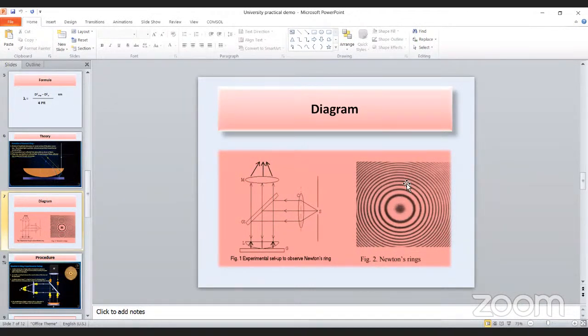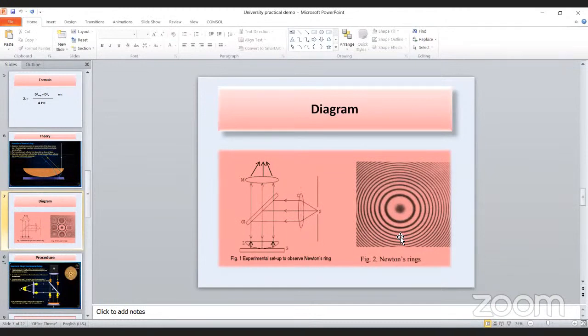These are the Newton's rings. The center of Newton's rings is dark, then bright, so alternate dark and bright concentric rings we can observe through this traveling microscope. These rings were first observed by Sir Isaac Newton, so these are called Newton's rings.